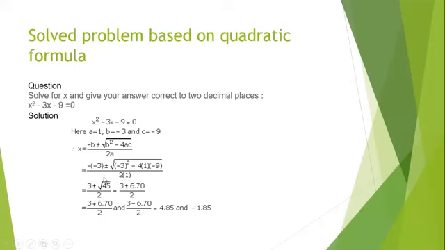Now this bracket will give us minus 3 whole square is 9 and 4 into minus 9 is minus 36. So 9 plus 36 is giving us under root 45.